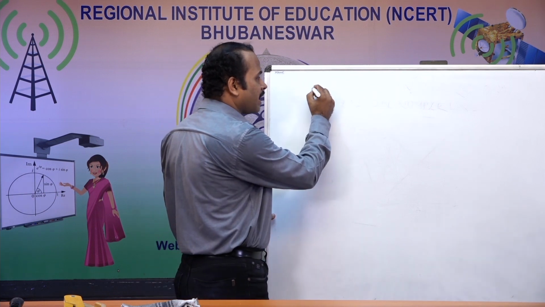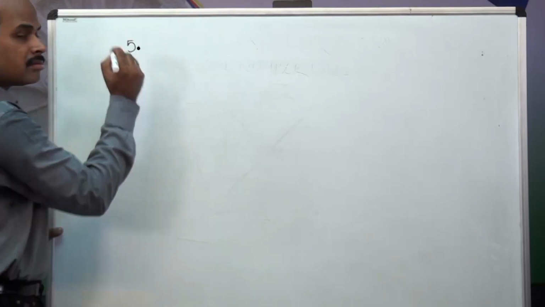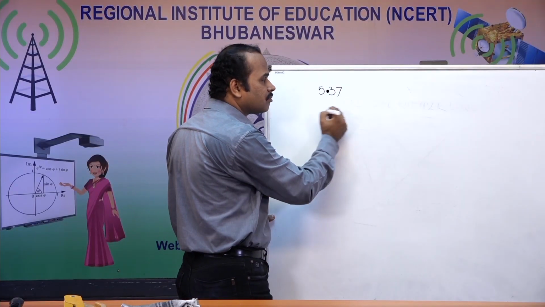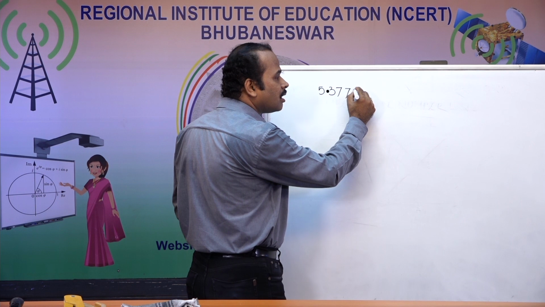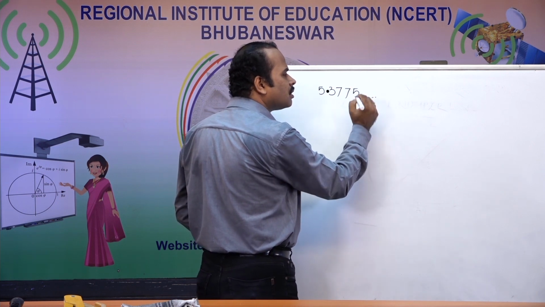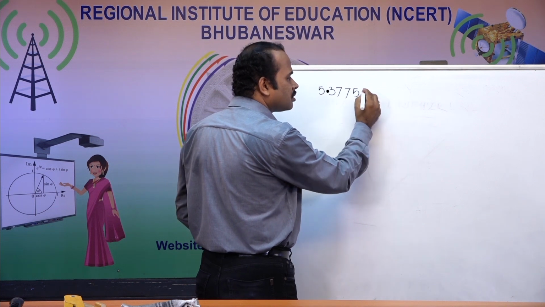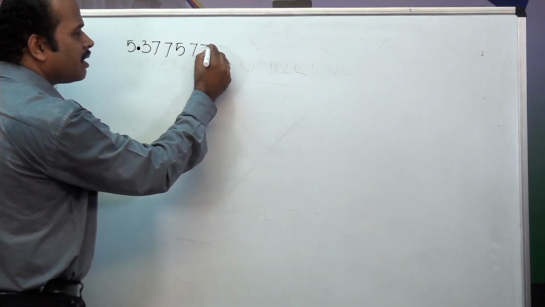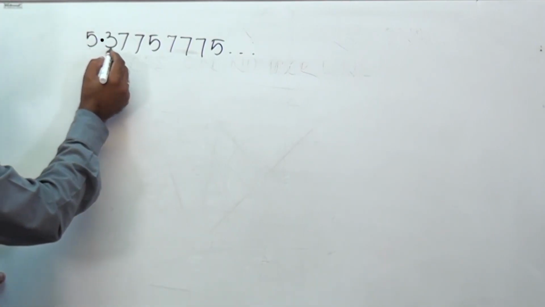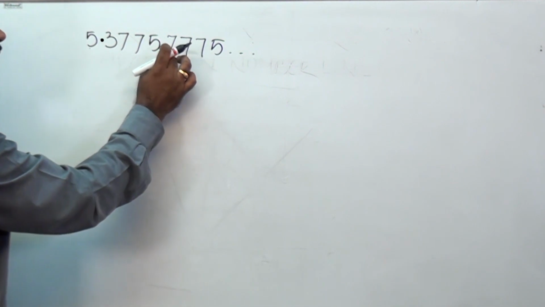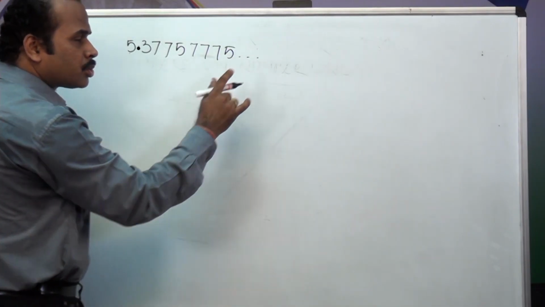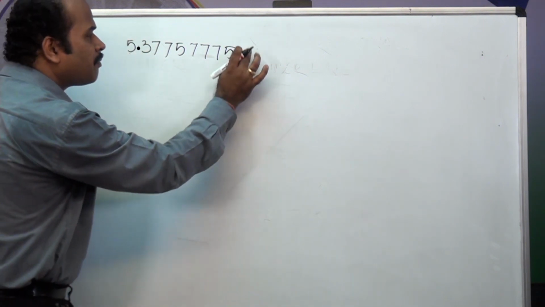For example, let me take an irrational number 5.3775, 775 and so on. Next will be 475 and so on, it will continue. Such types of numbers are irrational numbers.